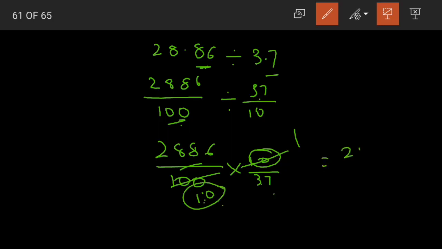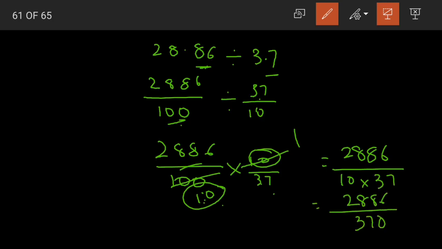What are we left with now? 2886 divided by 10 into 37. That will be nothing but 370. 2886 divided by 370 is our answer. That is the division that we are doing now.